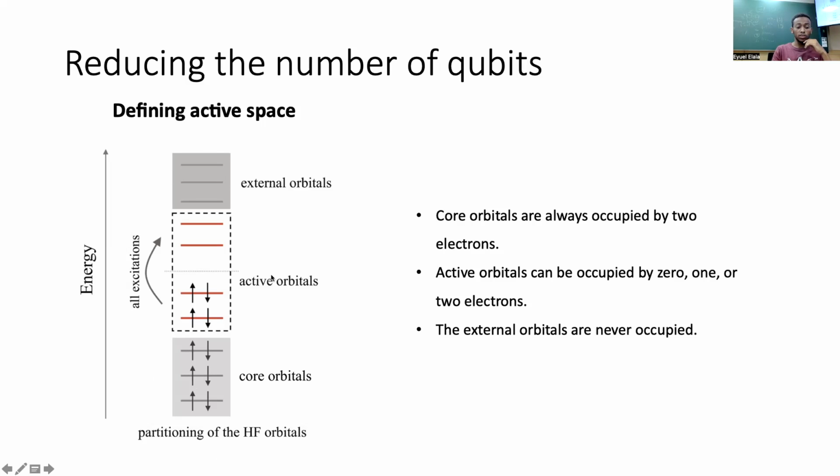So in a water molecule, for example, H2O, each H has 1 electron, so we have 2 electrons, and oxygen has 8 electrons, right? So the whole molecule will have 10 electrons.